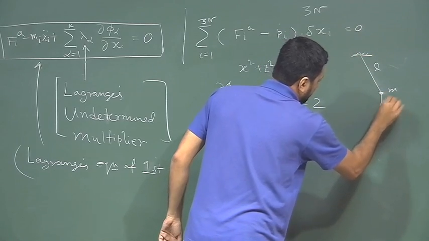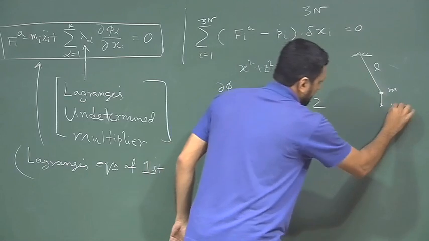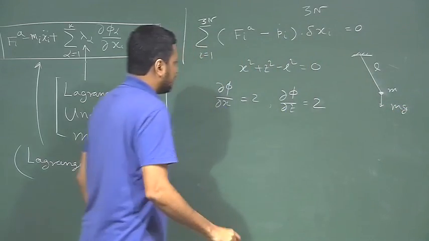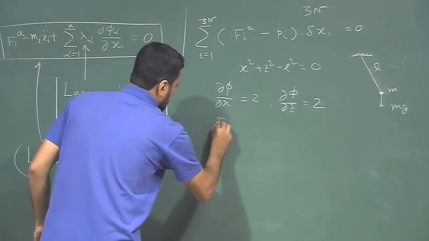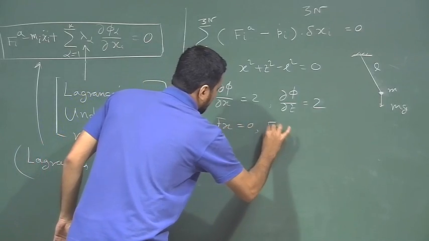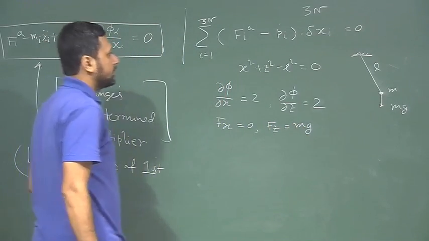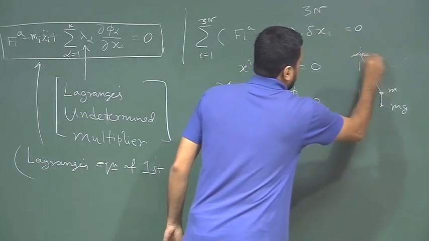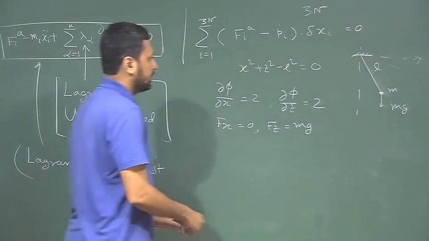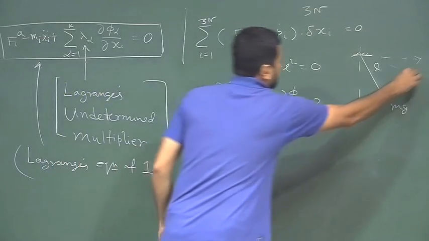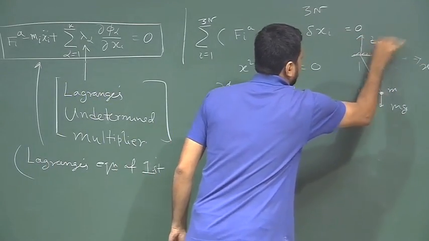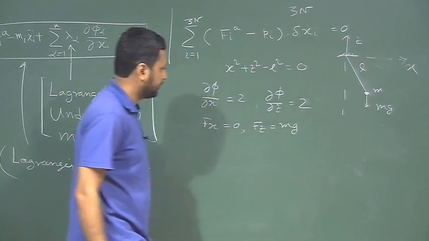Whatever force is acting is in the z direction, mg, right. So, f x is equal to 0 and f z is equal to mg, right. This is my x and this is my z and this is minus z, right.